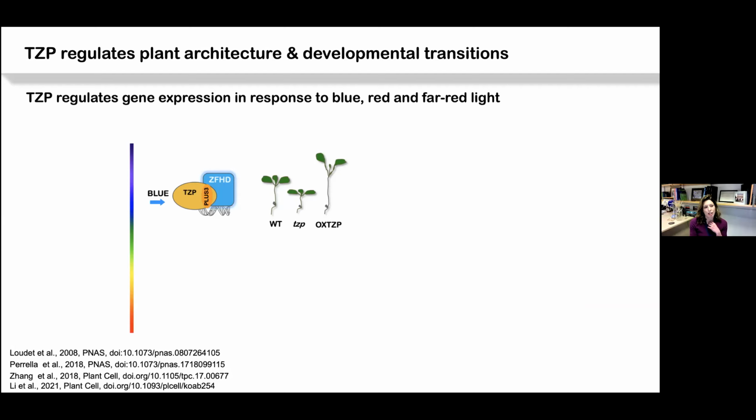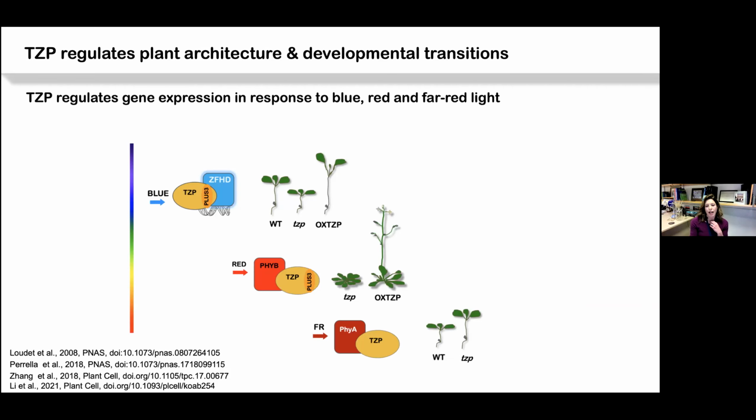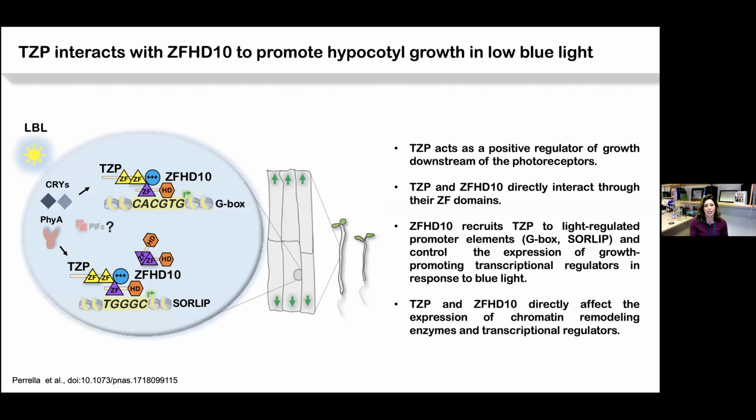Now, in terms of function, we know that TZP regulates plant architecture and developmental transitions in response to different light stimuli. So TZP can regulate gene expression in response to blue, red, and far red light. And we and others have shown that TZP can interact directly with the red light receptor phytochrome B, as well as phyA, the far red light receptor, but also it can interact with different transcriptional regulators, such as transcription factor zinc finger HD10.